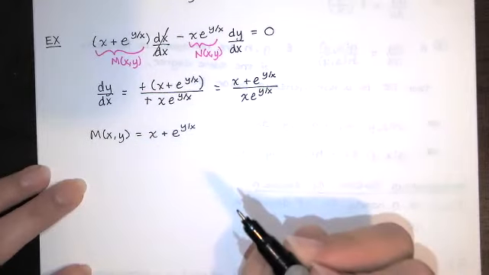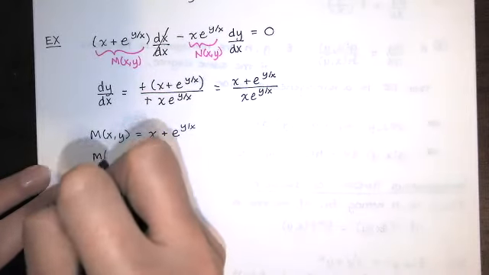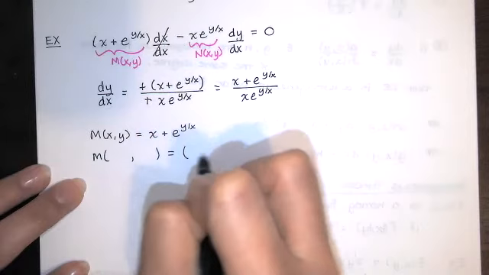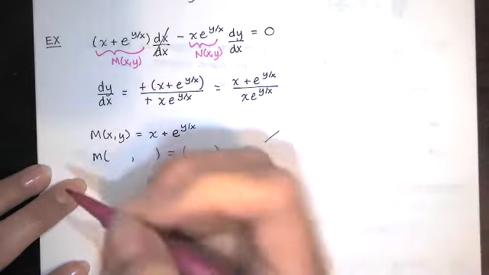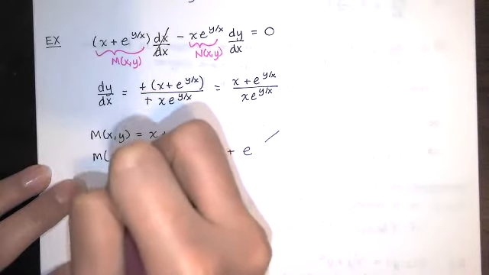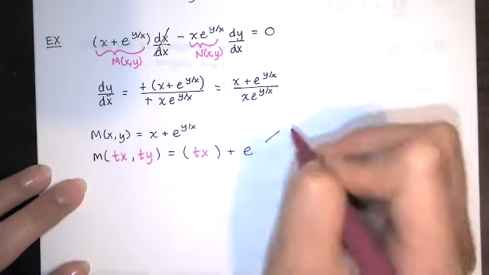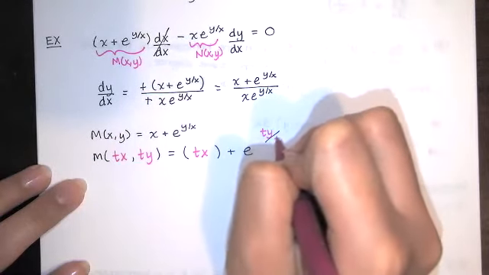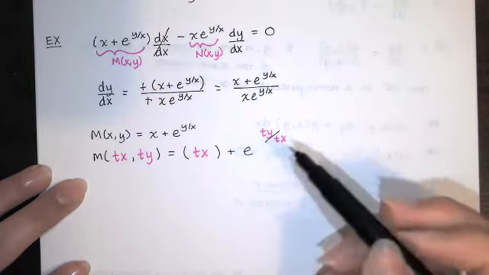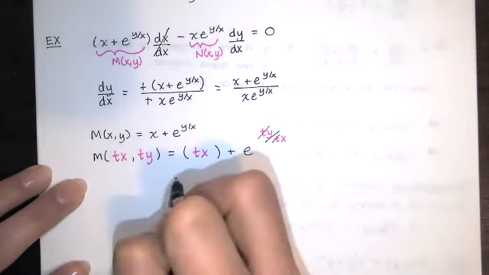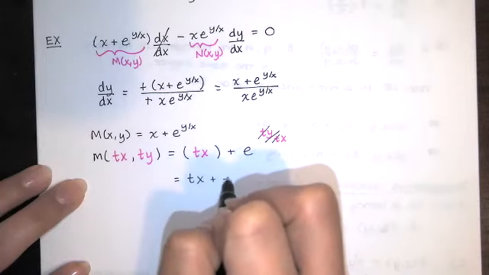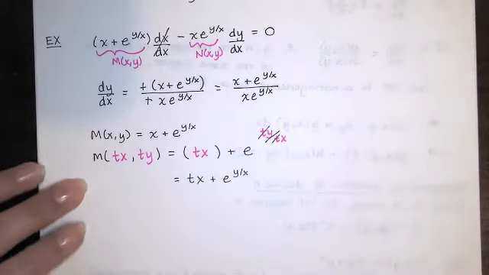The question is, is that a homogeneous function? Well, let's replace x with tx and y with ty. Well, ty over tx is just y over x. And we end up with tx plus e to the y over x.